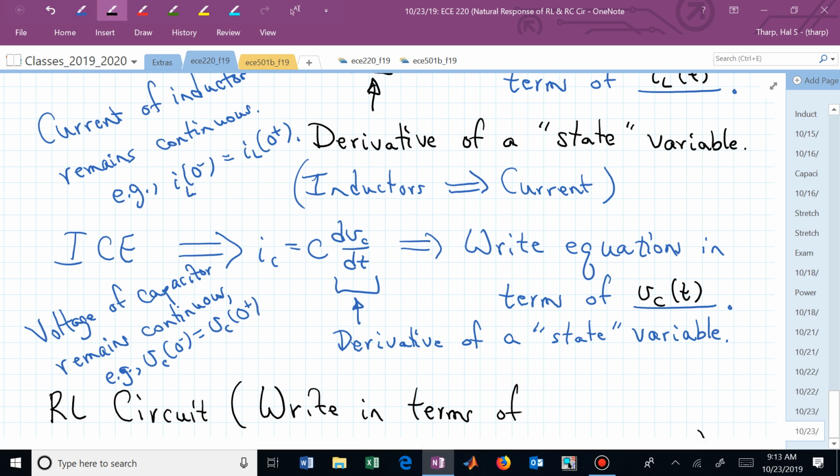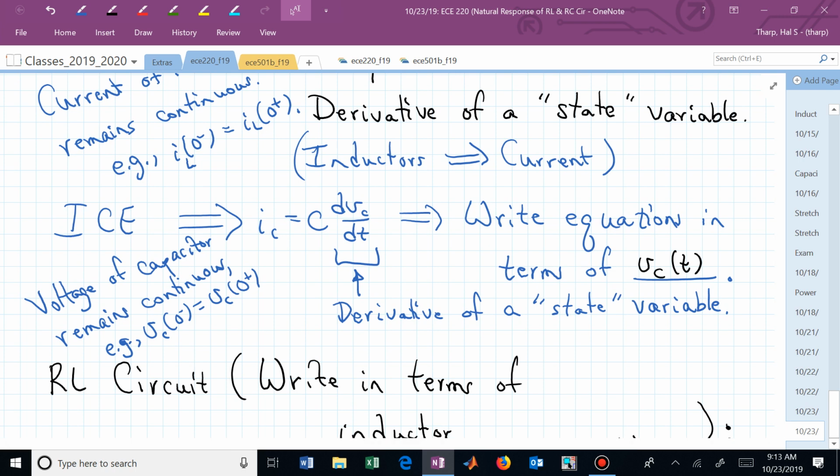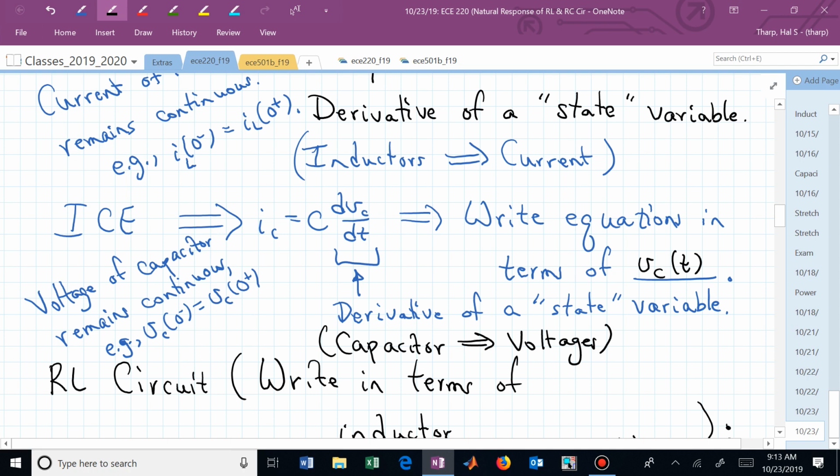And if you see capacitors in your circuit, then you want to be thinking voltages in terms of the variables of interest.